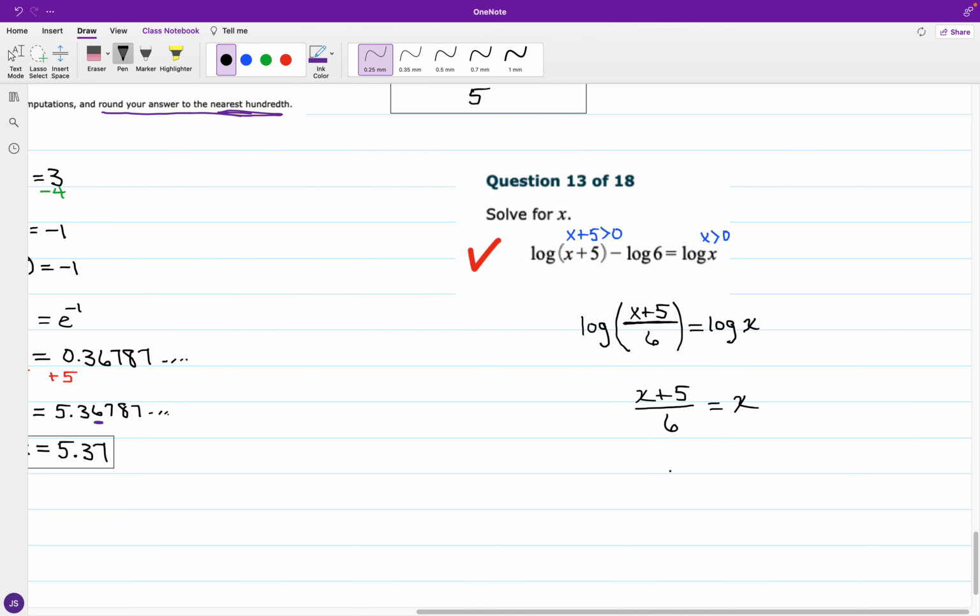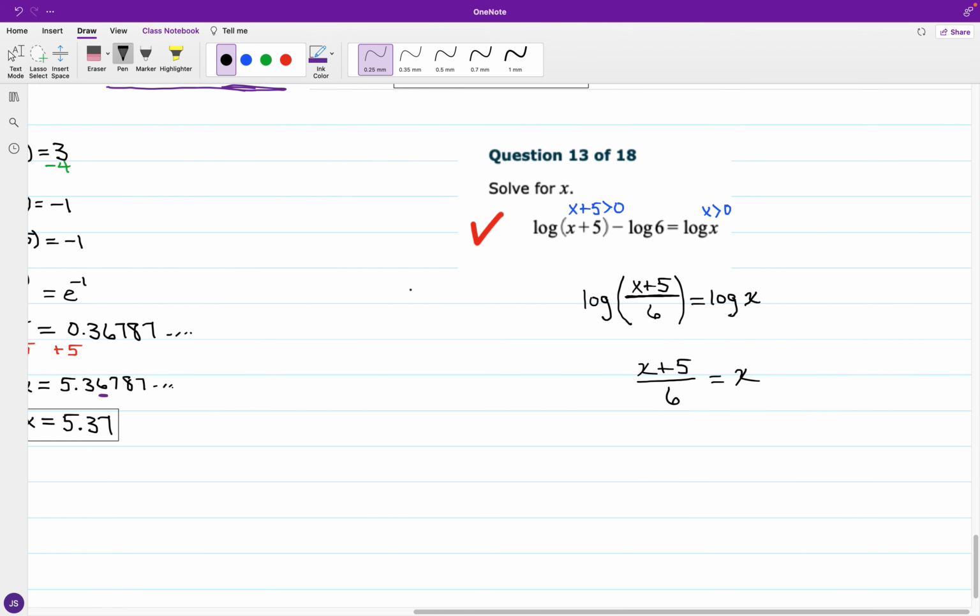Looking at solving for x, we've got x present on both sides of the equation. So what I can do here is multiply both sides of the equation by 6, so as to take care of the fraction.